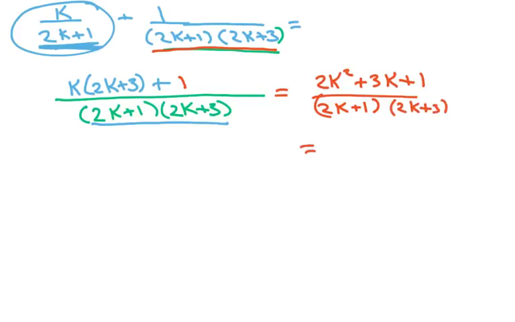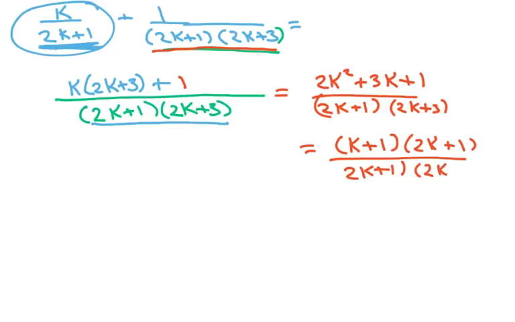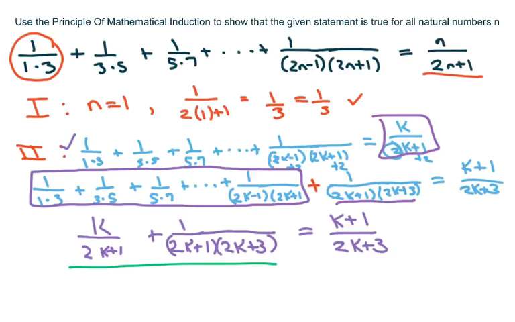Now I'm going to factor the numerator, and when I do that, I get k plus 1 times 2k plus 1 over 2k plus 1 times 2k plus 3. Now these two cancel, and we're left with k plus 1 over 2k plus 3, which if we look back here is what we wanted.